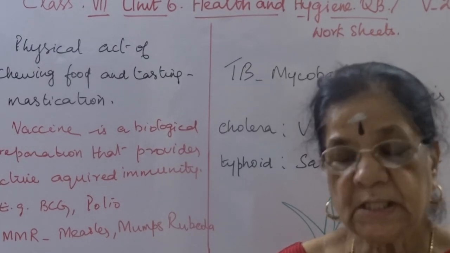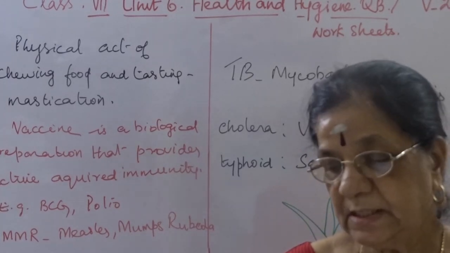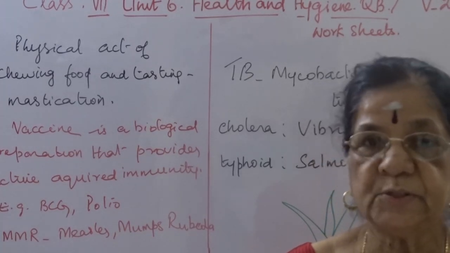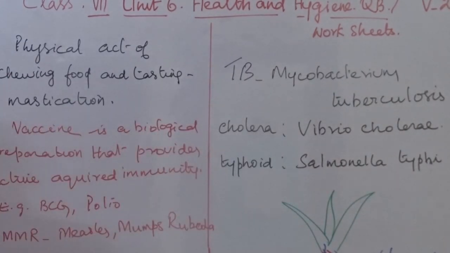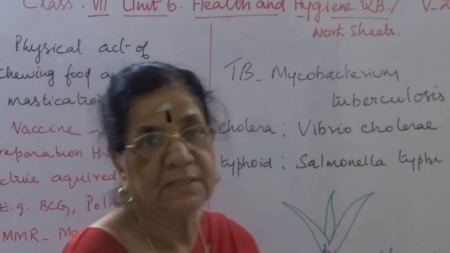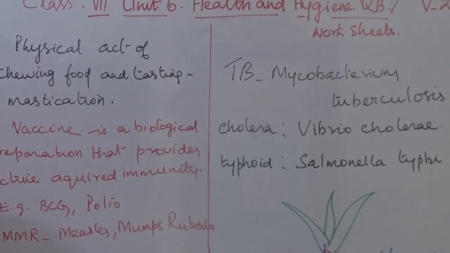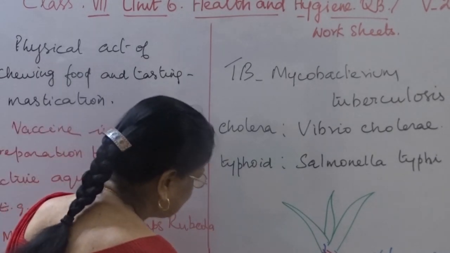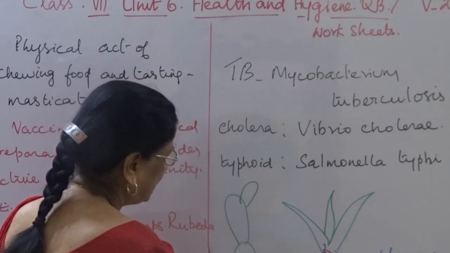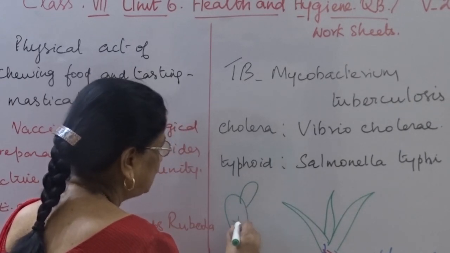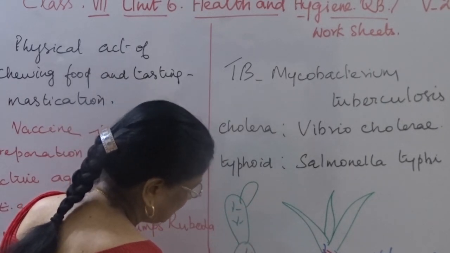Then sucker is a short and weak stemmed branch that grows diagonally upward and directly gives rise to a new shoot. Example, chrysanthemum. Then the last one is opuntia. It is a cactus plant. I already gave that diagram, but still understand, this is the opuntia cactus plant, where the stem is doing the function of photosynthesis.